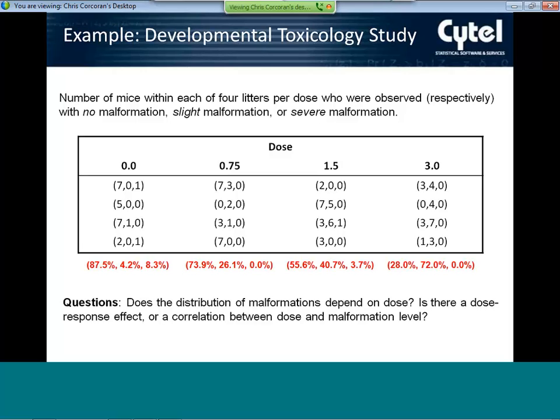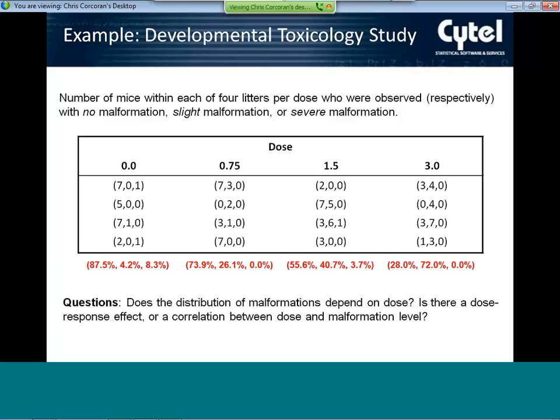In other words, there'd be 3 rows representing the different response categories for malformation, and then 4 levels of dose. And one might carry out a chi-square test or a Fisher's exact test or something to assess that association. But we, in this case, have to appropriately account for the correlation within litter between these subjects.